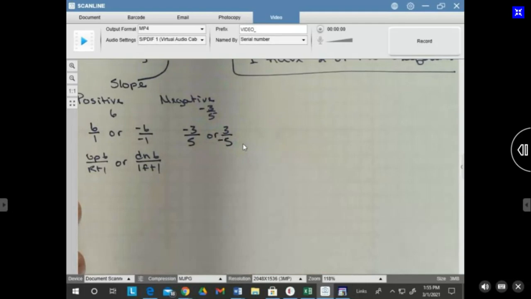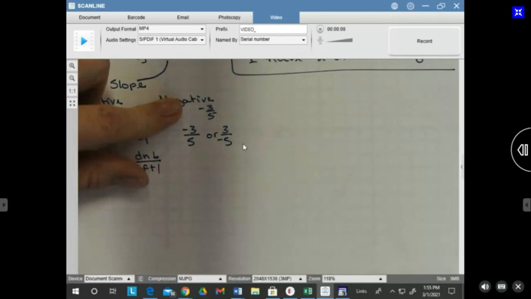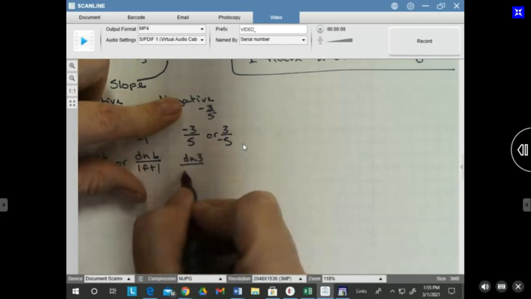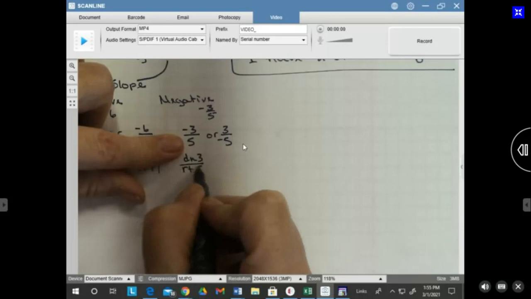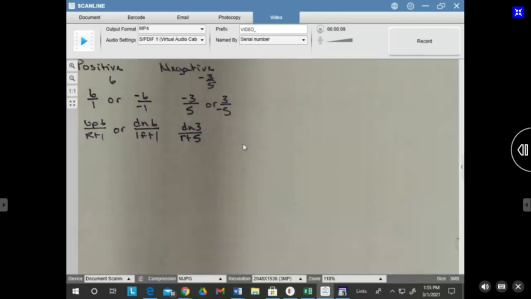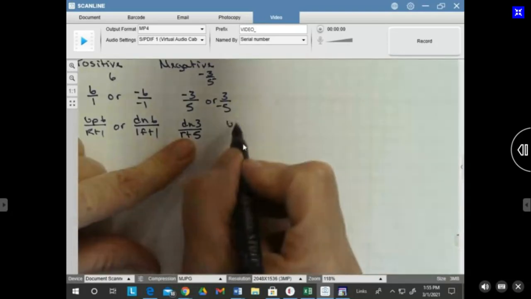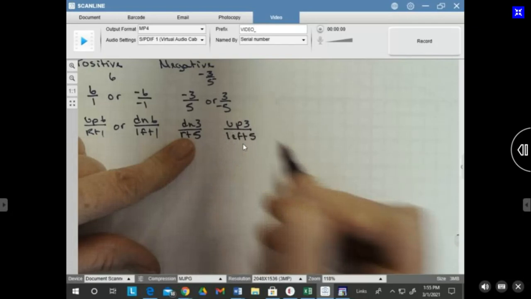My rise is a negative, so that means down 3, 5 is a positive, so that is right 5. Or up 3 and left 5.